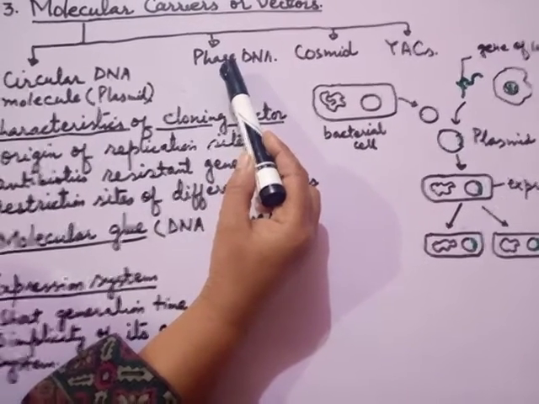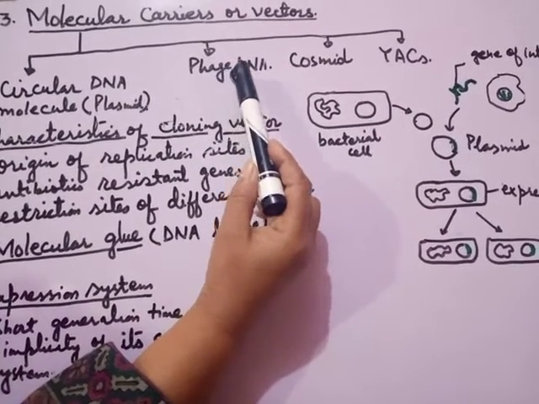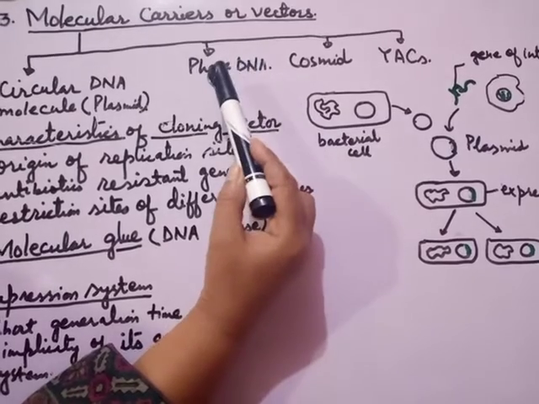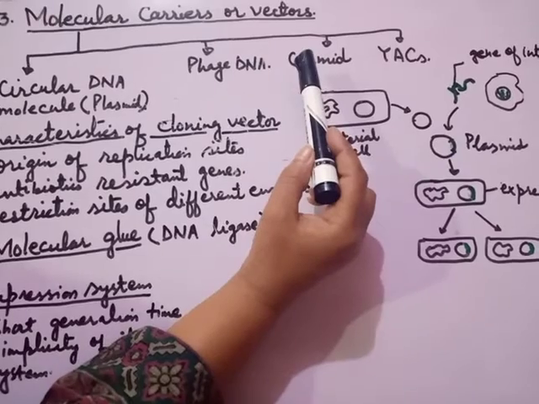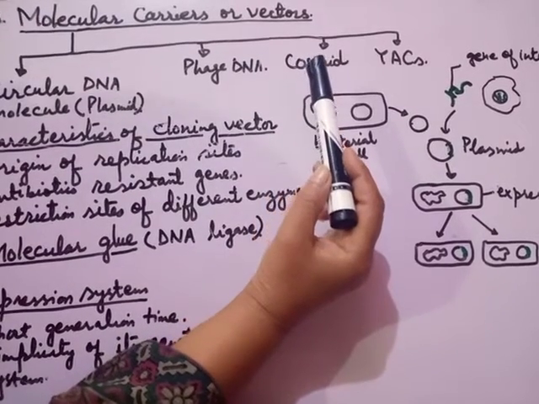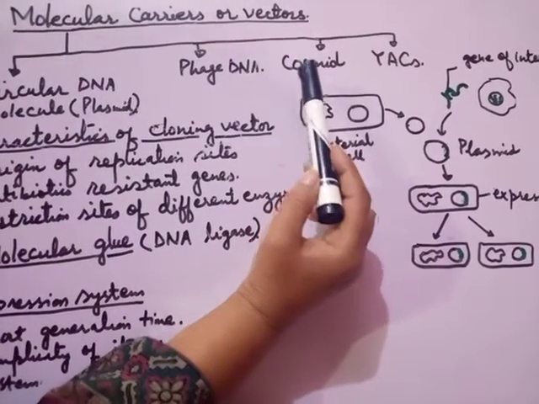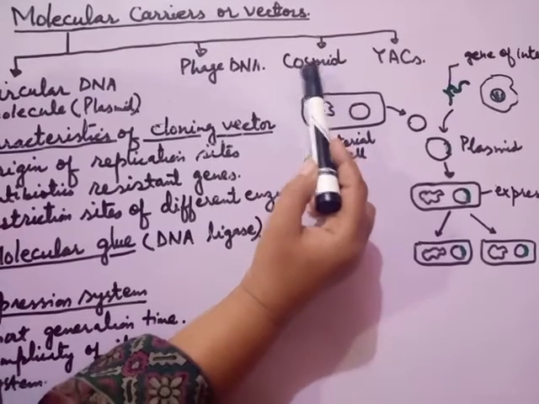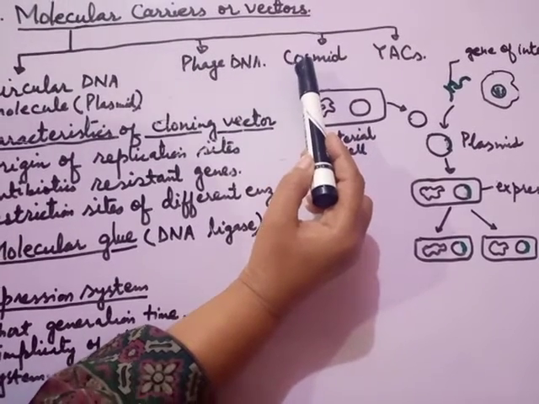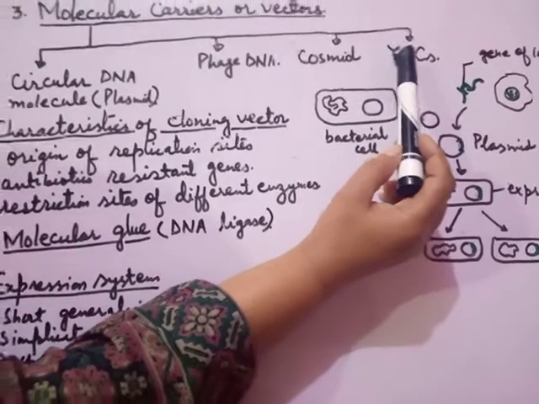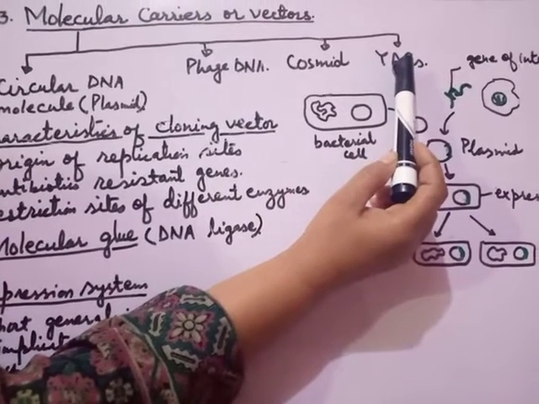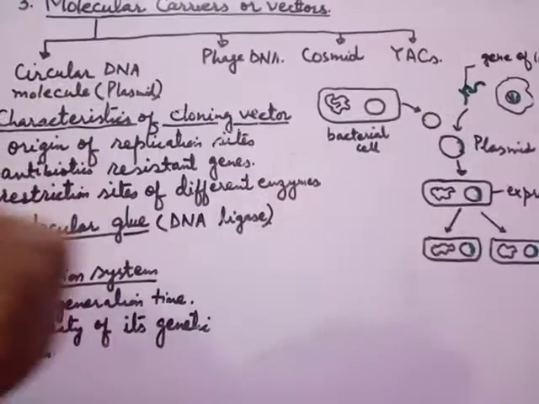Bacteriophages are actually viruses which attack the bacterial cell, so their phage DNA can be used. Or sometimes cosmids are used. Now, what are cosmids? They are a combination of plasmid and phage DNA. And sometimes yeast artificial chromosomes, or YACs, are also used for this purpose.